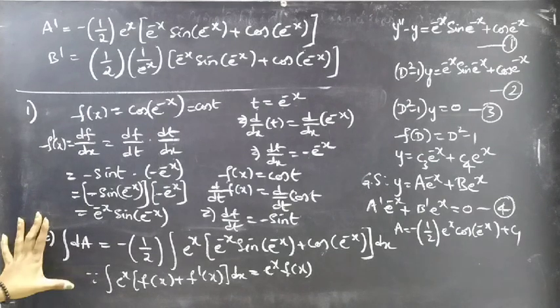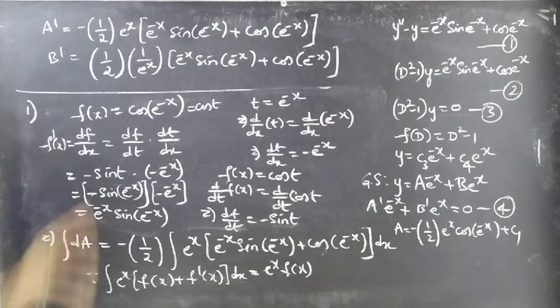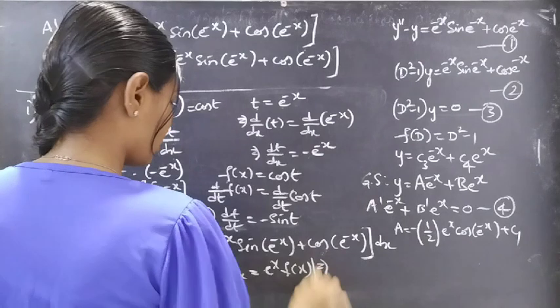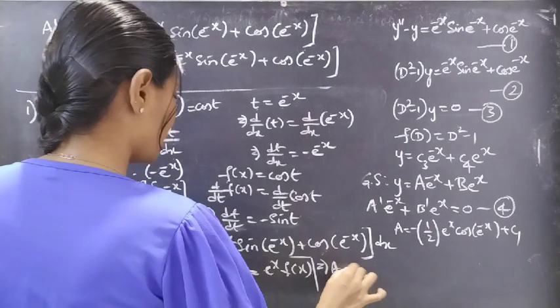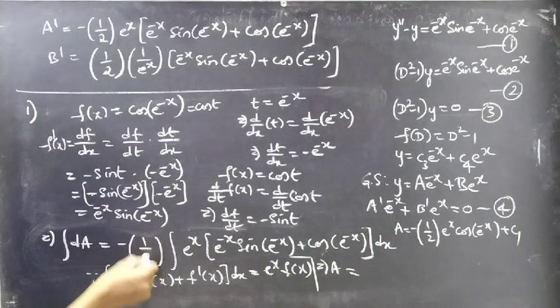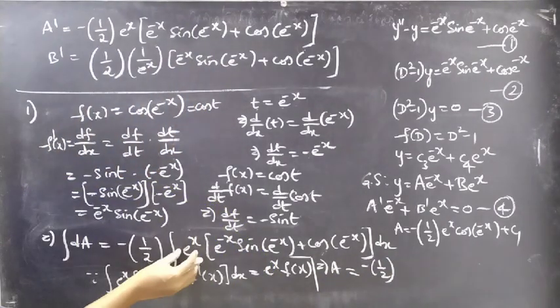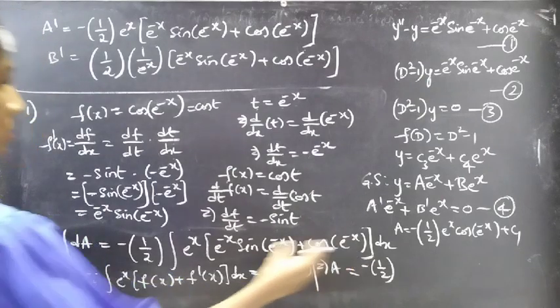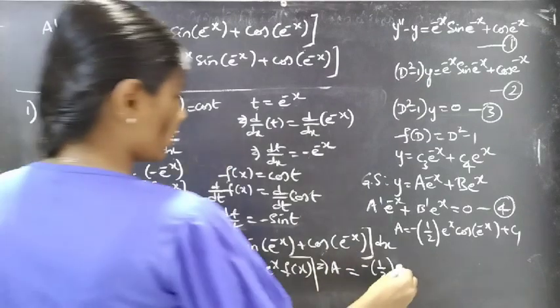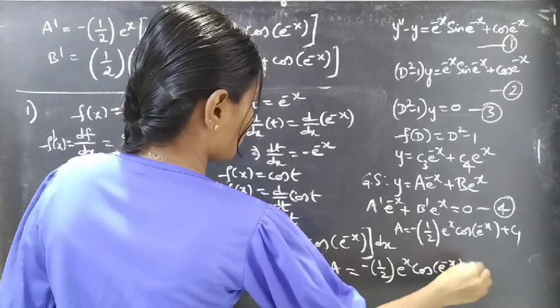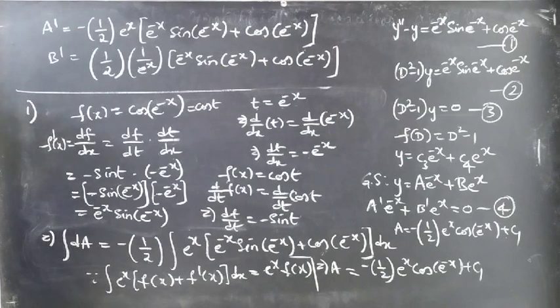Again, if you apply the formula, you get the same thing: A equals the integral dA, A equals -1/2 times the integral of e^x (f(x) + f'(x)), which is e^x f(x) plus an integral constant, say c1. Okay, fine. Now coming to B.